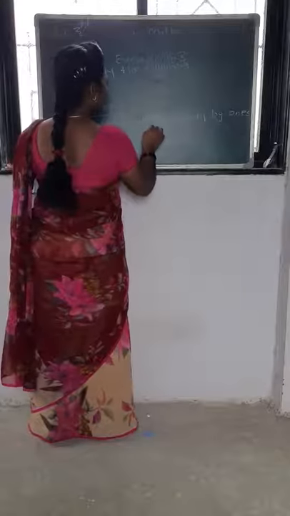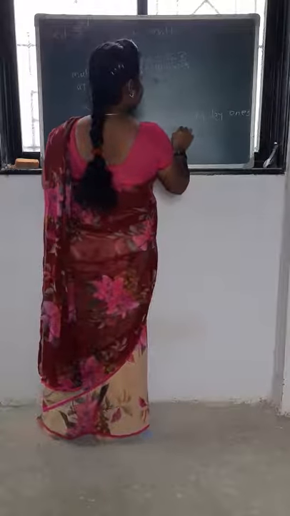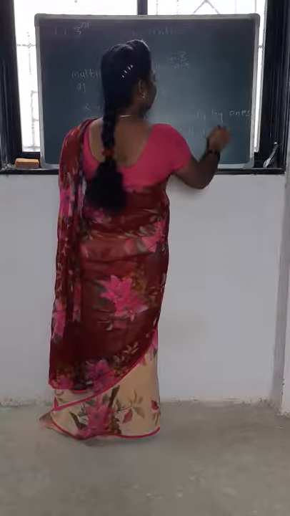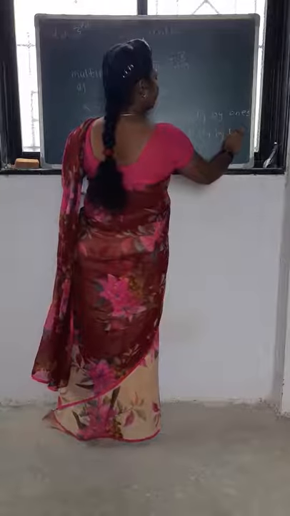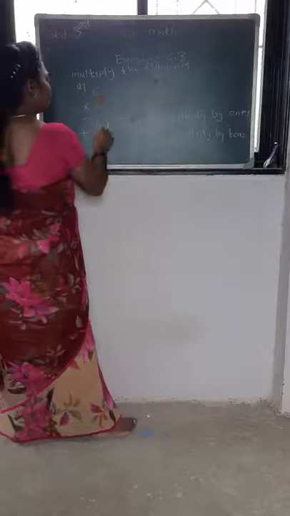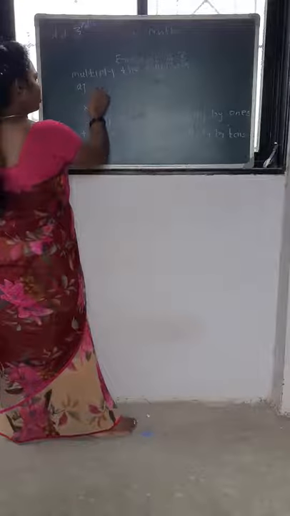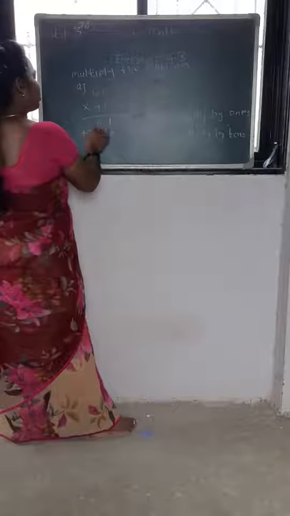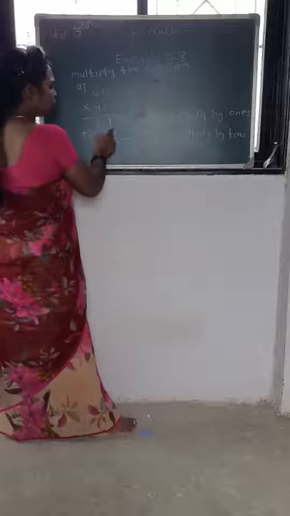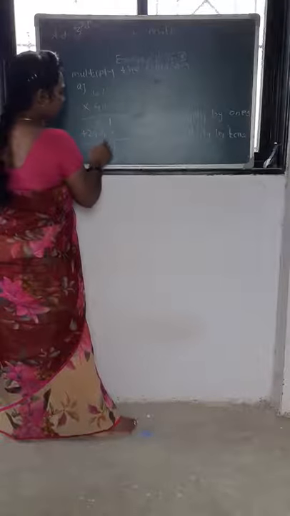That is 61 multiplied by 4. 4 ones are 4, 4 sixes are 24. Then adding these two multiplications, 1 as it is, 6 plus 4 is 10.